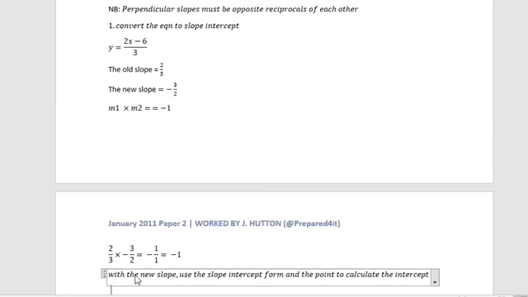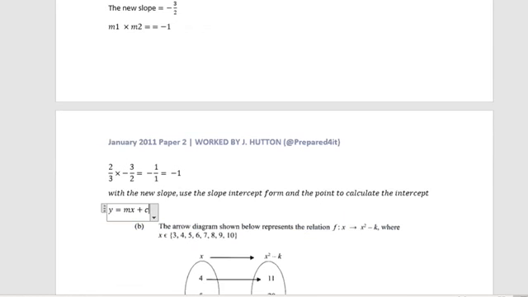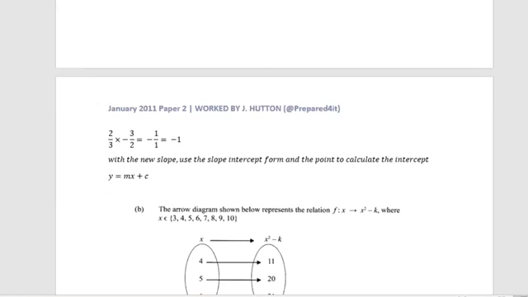So what we know is that the equation for a straight line is y is equal to mx plus c, and from what was given above, we know that y was 7 because they said the coordinates were 4 and 7.